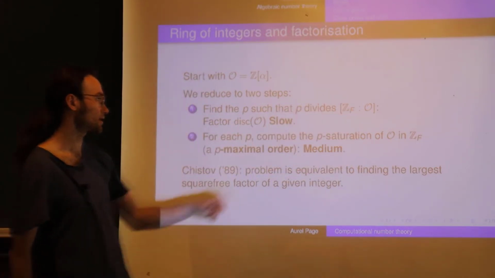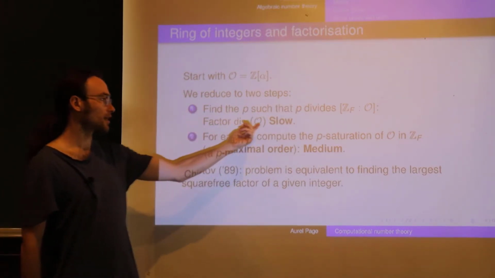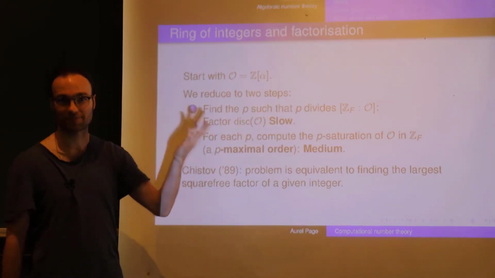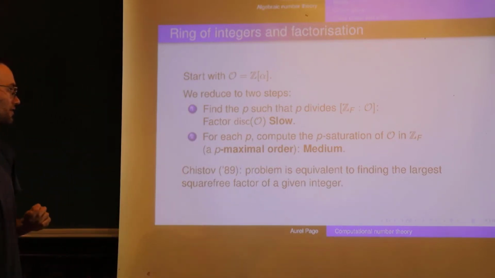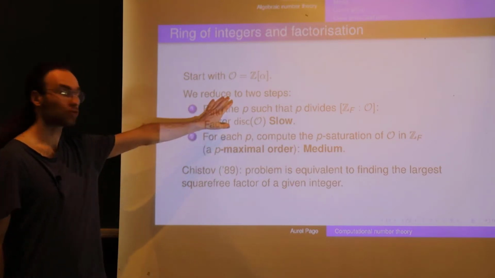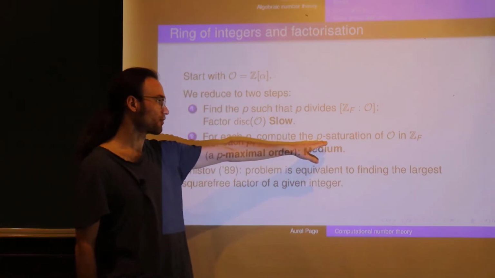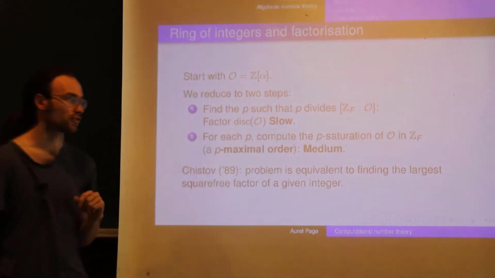So we have access at least to the prime divisors of this. The problem being that factorization is slow, but it gives us these p's. And then for each of the p that we found here, we want to compute the p-saturation of O inside of the ring of integers.